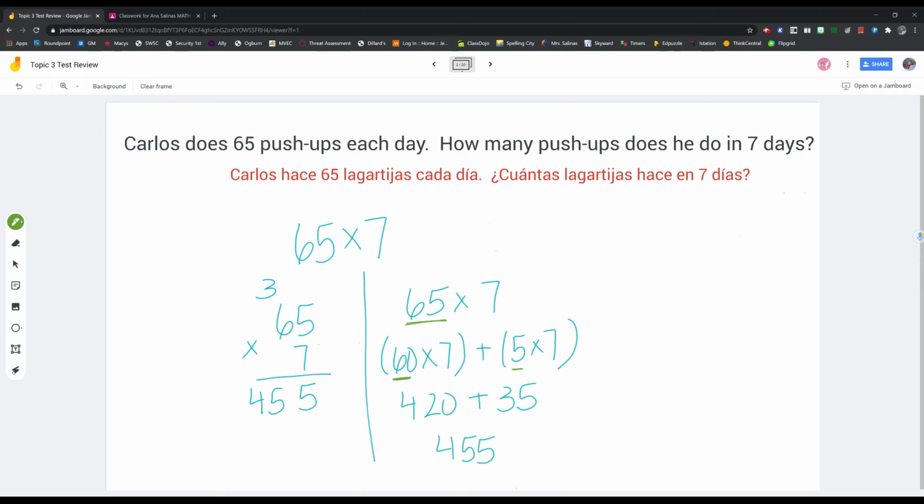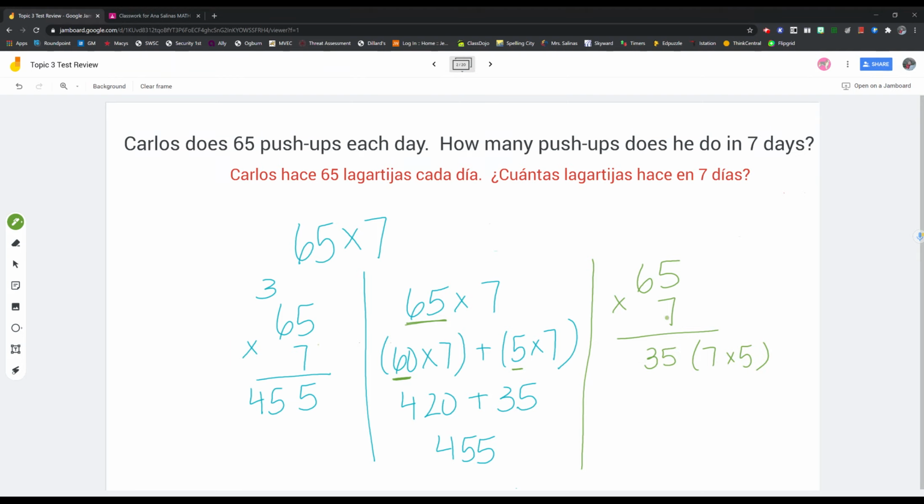And then another thing that you can do is partial products. You have all of this in your journal in case you want to review it. So in partial products, we multiply the number of groups, which is 7, times the value of each digit. So the 5 is in the ones place. It has a value of 5. 7 times 5 is 35.